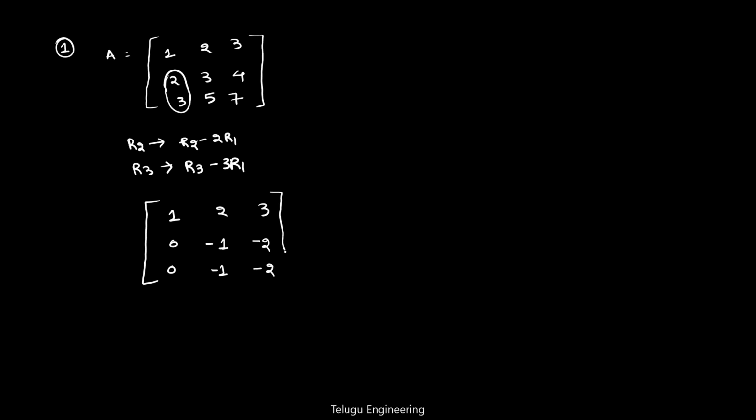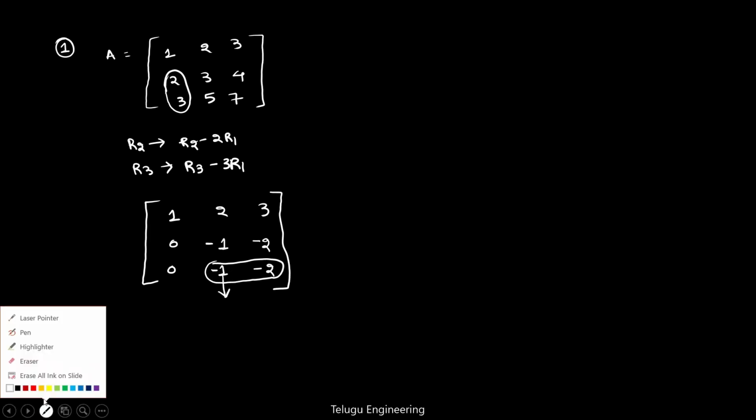So this is after transformation. Next, we need to reduce these particular elements to 0. First give preference to this one. We need to reduce this element. Let me rub this first.